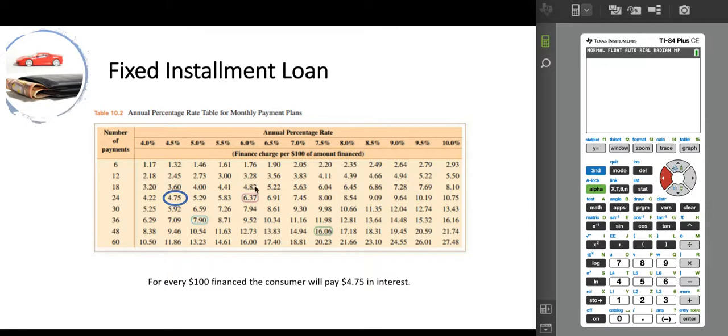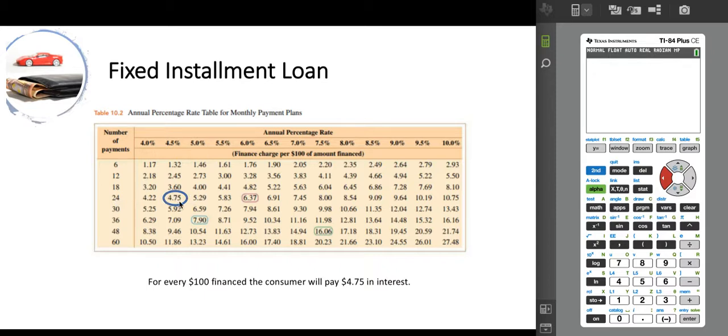This chart can be found in your book. I forget the page number, but the table is 10.2. There are a couple numbers circled, but this is the number that I circled and is pertinent to our question. If you remember, Danny took out a loan at 4.5% interest for 24 months.